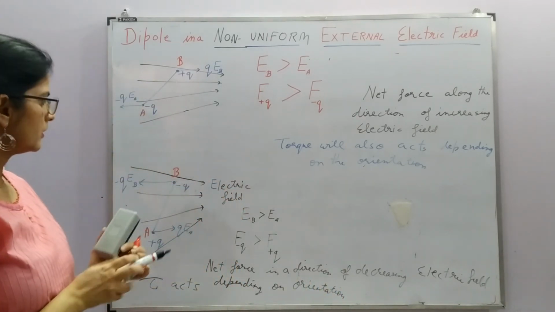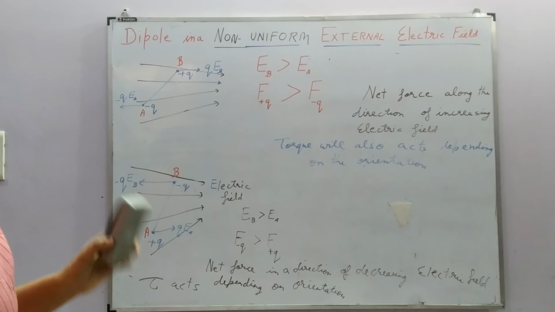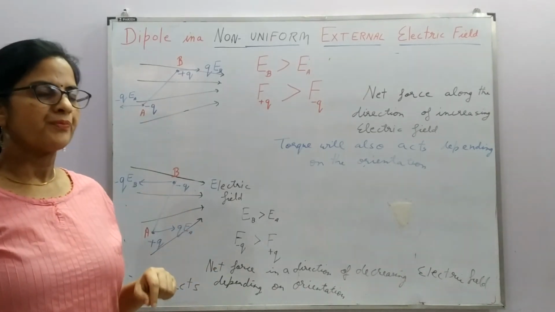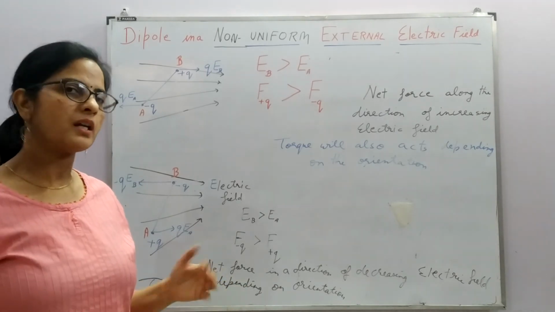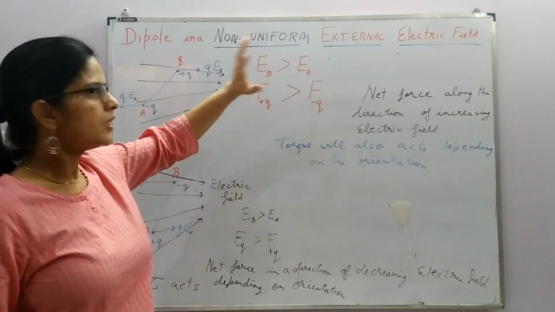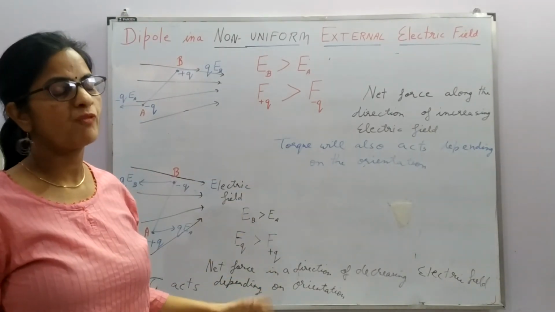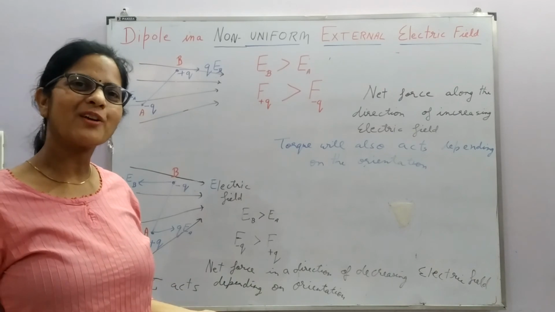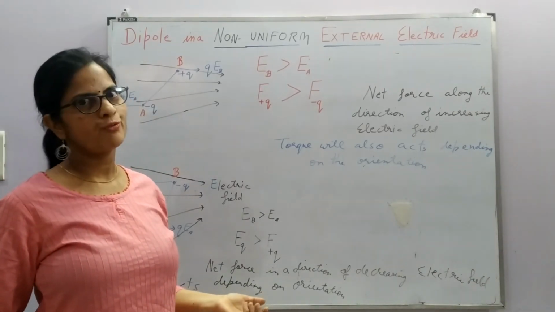So this makes it clear that in a uniform external electric field, net force is 0 and torque acts depending on the orientation. But in case of non-uniform external electric field, net force will always act, and torque acts depending on the orientation. That's all for now. Thank you.